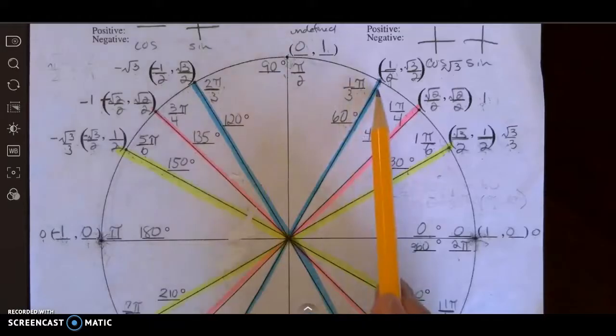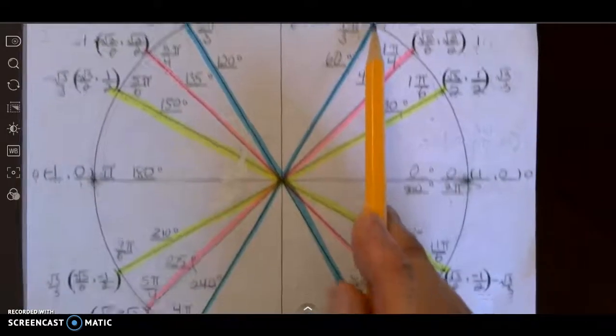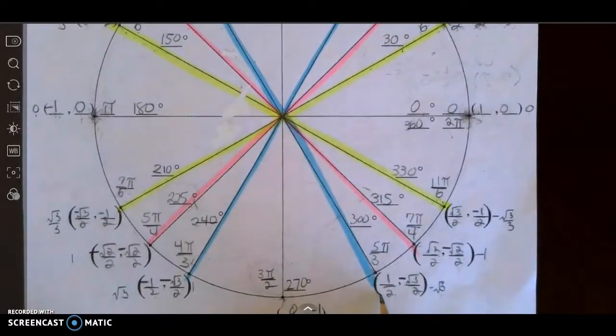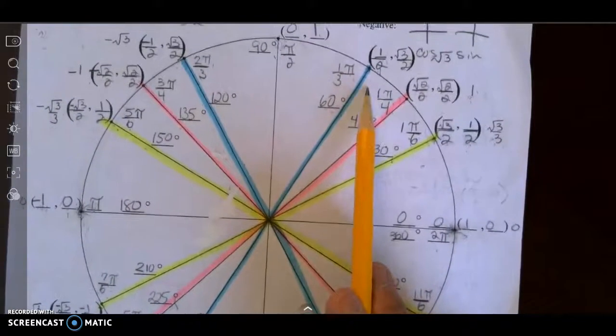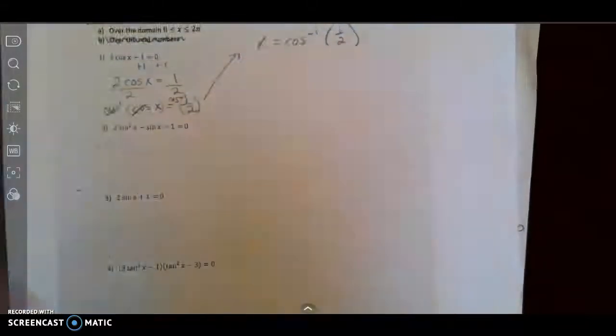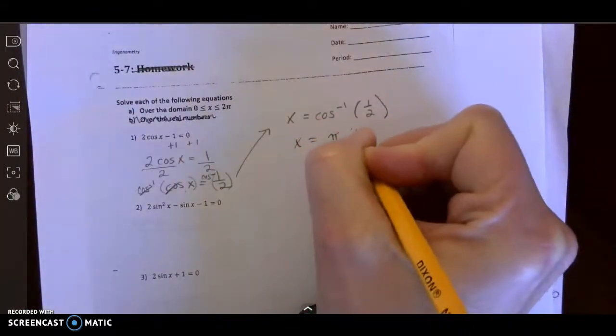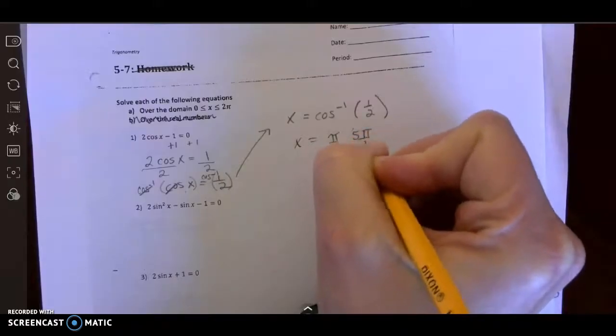I want to stay on the right side in order for my x coordinate to be positive, so it's pi over 3, and if I look down here at this blue, it's also positive 1/2 at 5 pi over 3. The blues on the other side are both negative, as you can see, but at 5 pi over 3 as well as pi over 3. So x equals pi over 3 and 5 pi over 3.